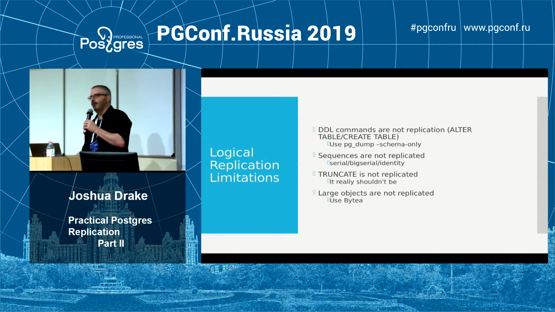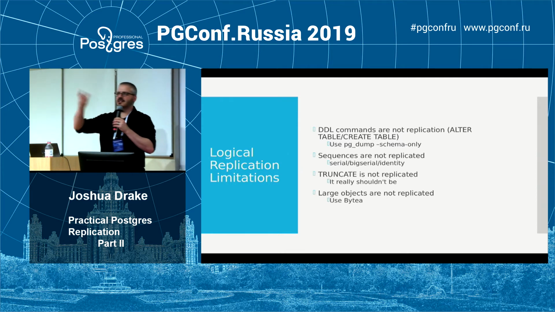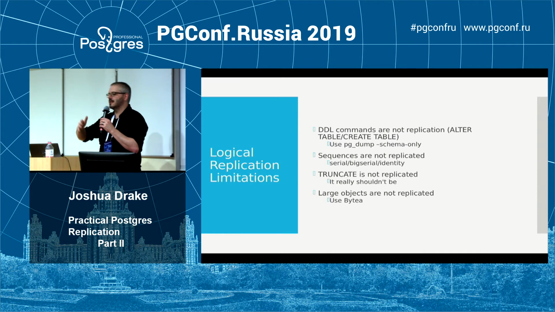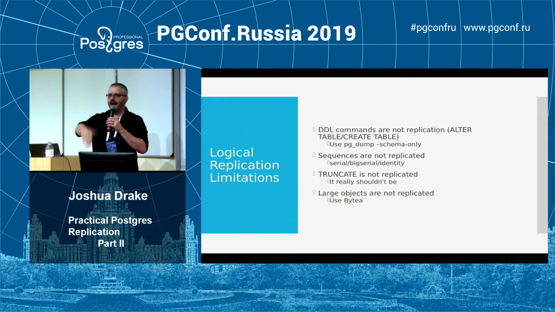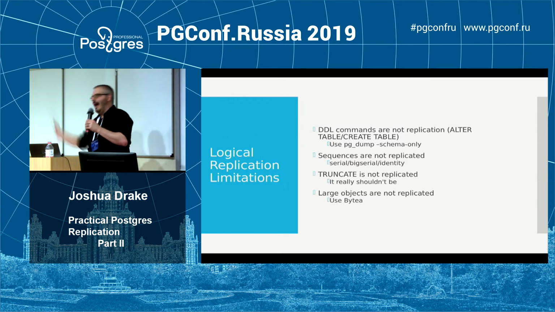So if you were going to fail over, you'd have to have this elaborate scheme of checking every sequence against the column that's associated with it, grabbing the max value of that column, adding 1, and setting currval on every sequence, and then coming up. It would be ridiculous. There's just no reason for it.